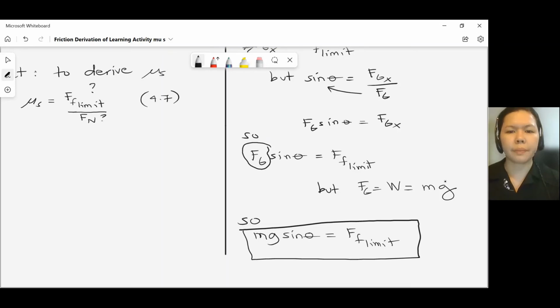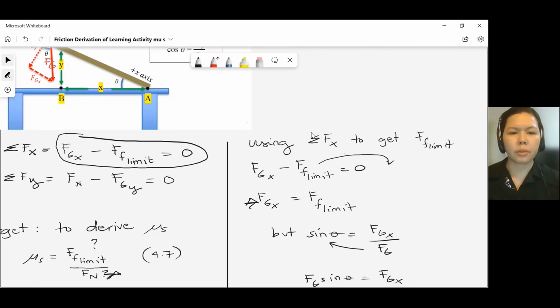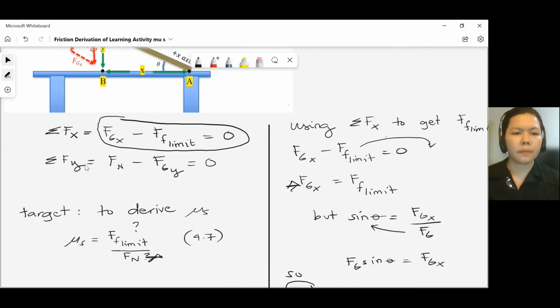Next we are going to solve for Fn. Looking back at our equation, we have the summation of Fy equals Fn minus Fgy.